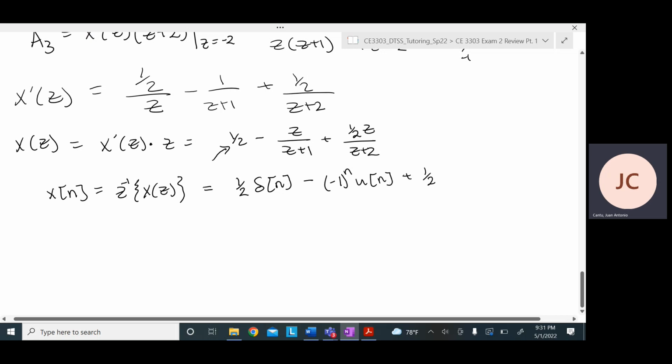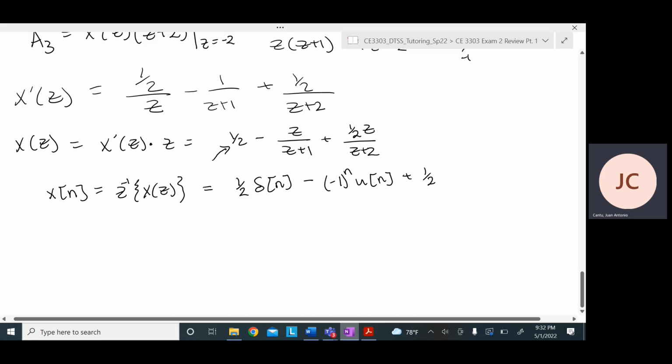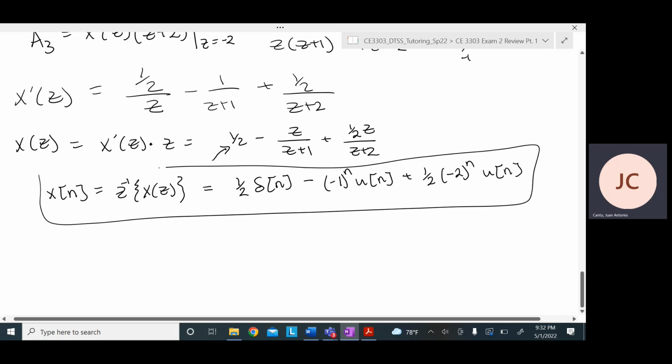Plus 1/2, that's just our constant, z over z plus 2. So this is the same z transform as earlier. a to the n u of n is z over z minus a, where this time our a is -2. So 1/2 times (-2) raised to the n u of n. This is our time domain signal. Pretty simple.